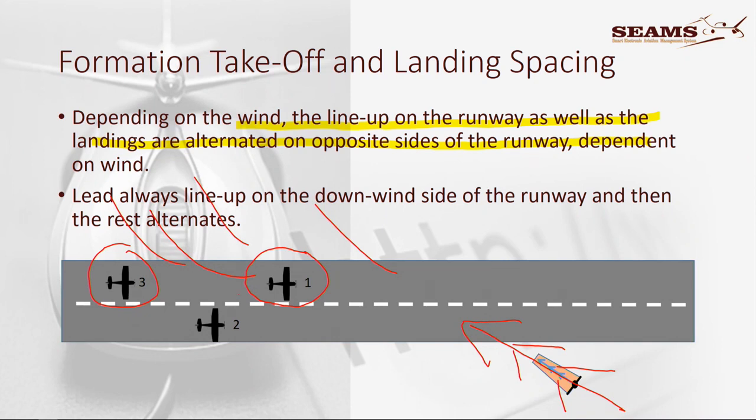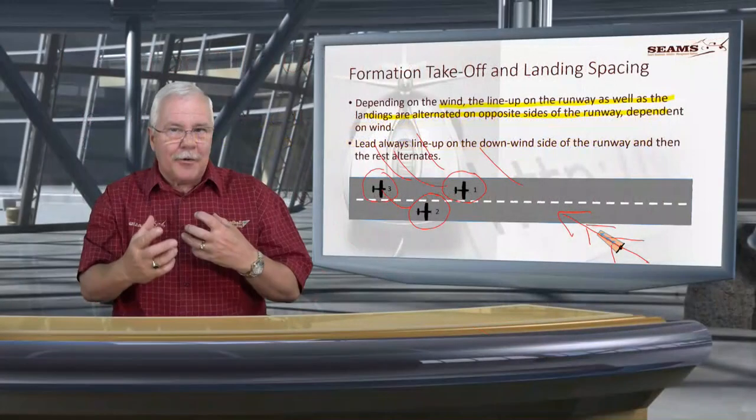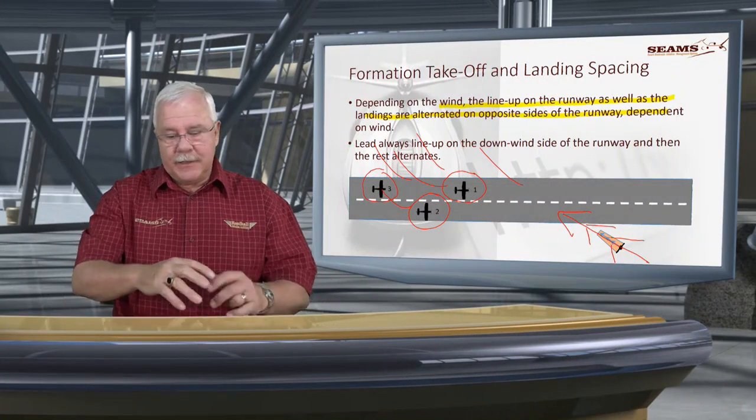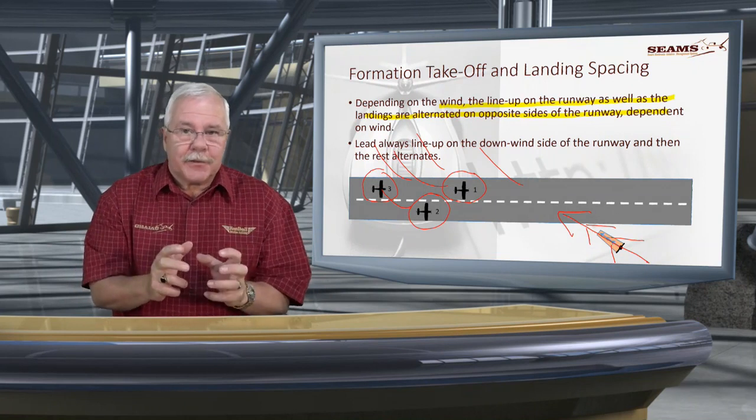Number 2 is here, but remember now between 2 and 3, there could be interference. So we must, depending on the angle of the wind and how strong it is, really make sure that you can assess the situation.